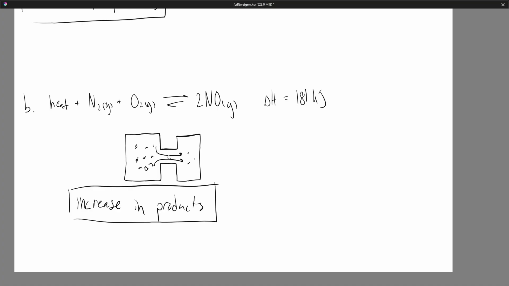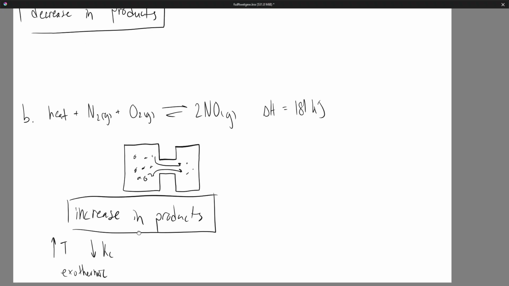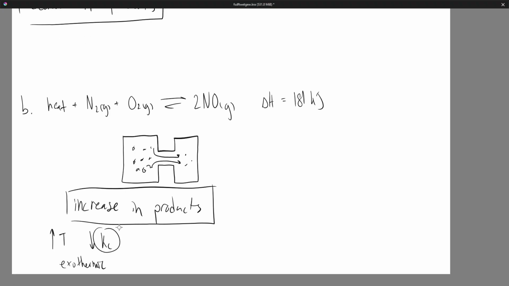Another way you could say it is, remember in lecture, an increase in temperature means a decrease in Kc for exothermic reactions, which is kind of the same thing because remember Kc, the lower it goes or the closer to zero it is, the more the reactants are favored.